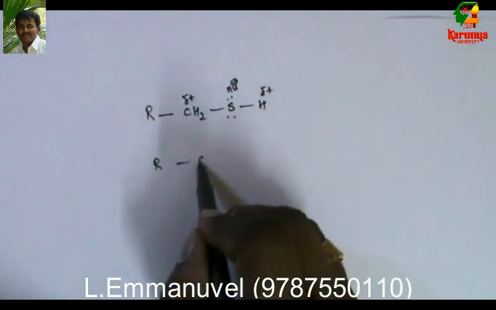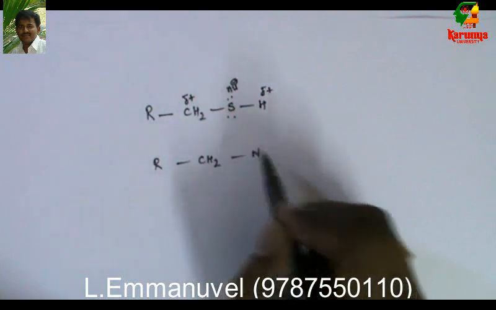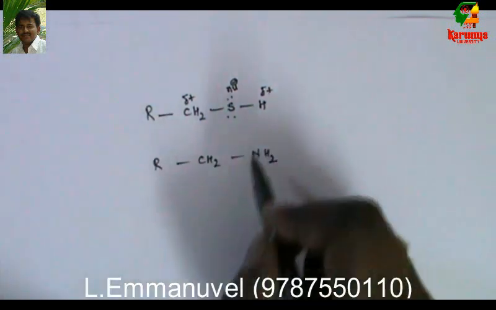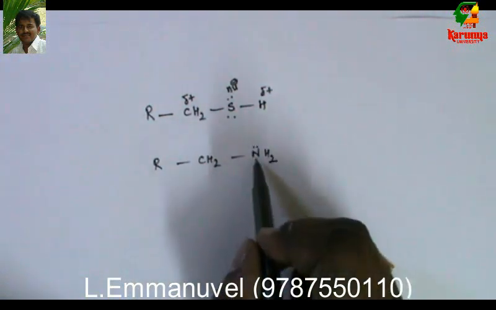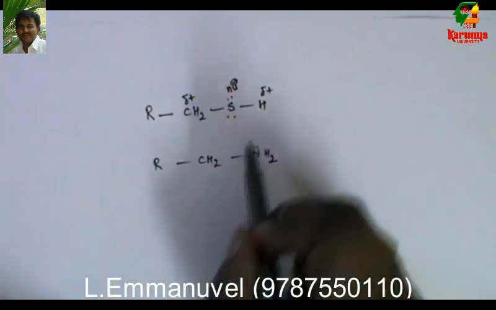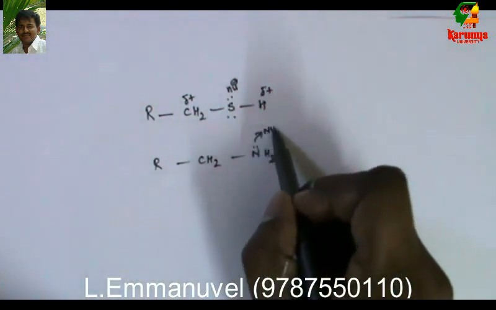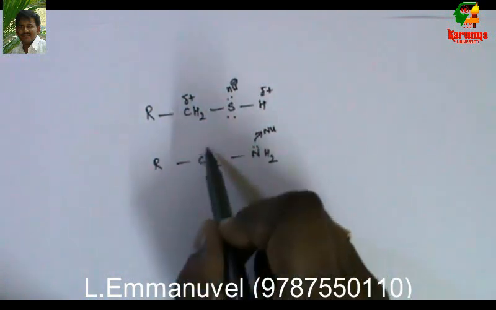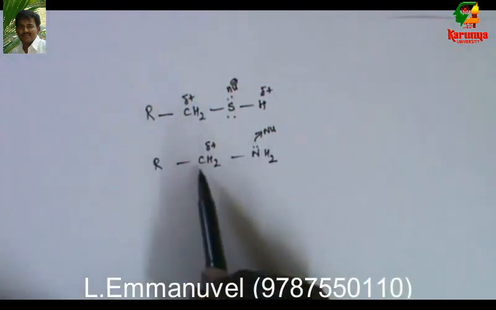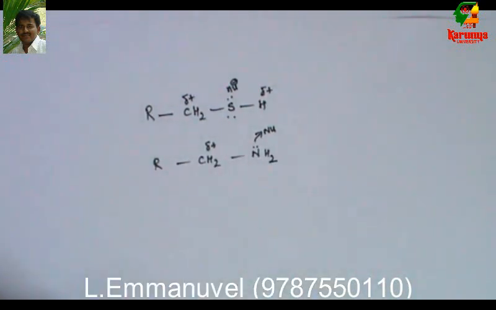The next one is amine. There is a lone pair of electron. This can attack the electrophile. So this is nucleophilic. Because of the more electronegative atom, there is little del plus, because the difference in electronegativity between this and this is very less compared to the oxygen atom.